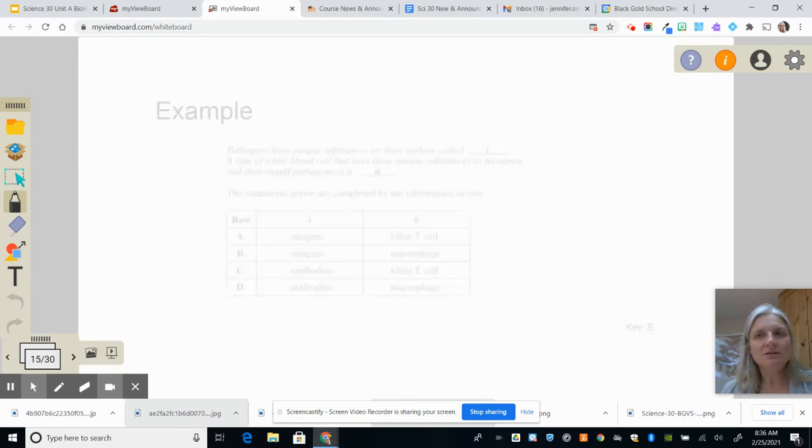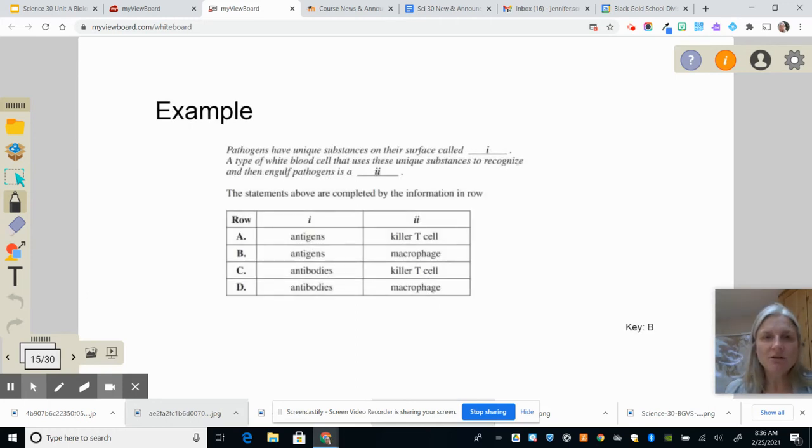All right. There's an example here of a previous diploma exam question. Pathogens have a unique substance on their surface called number 1, and a type of white blood cell that uses these unique substances to recognize and then engulf pathogens is number 2.